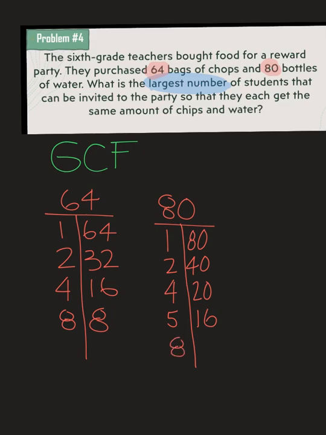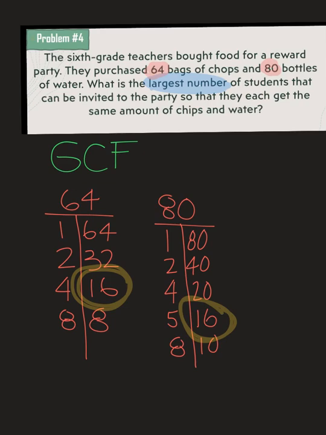And 8 times 10. So those are all of our factors. Now our job is to say, what is the greatest common factor? We have to go through the whole chart, because 1 and 1 are the same, but that's not the greatest one. We need to look for our greatest common factor, and in this problem, it would be the number 16.